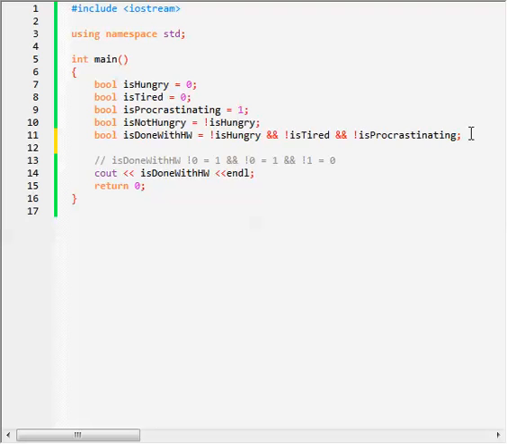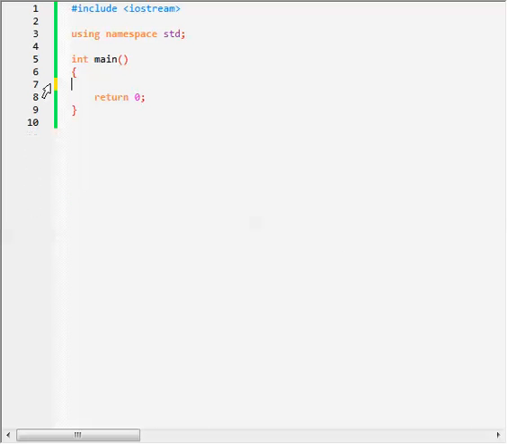Booleans can also have the or. So let's say bool is tired. No, let's erase all of this and say bool, let's have a number game. So let's say bool is odd.